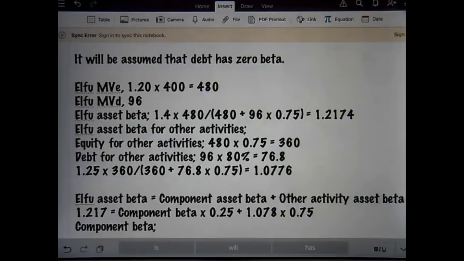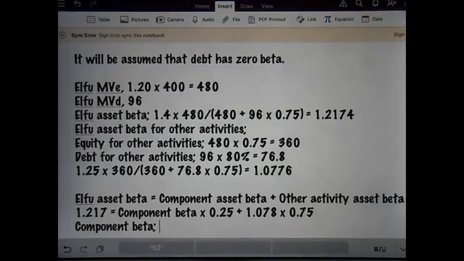Make sense? We call it componentization of the asset beta. You have to work out the specific components of asset beta. Got it? How much is this? How much do you get? 1.634.